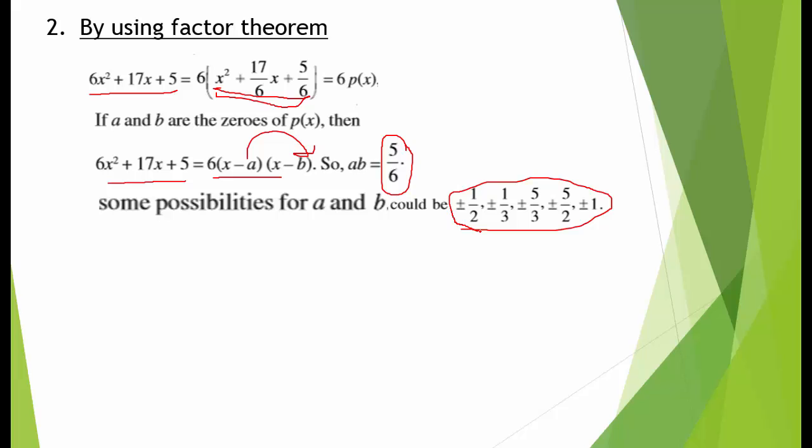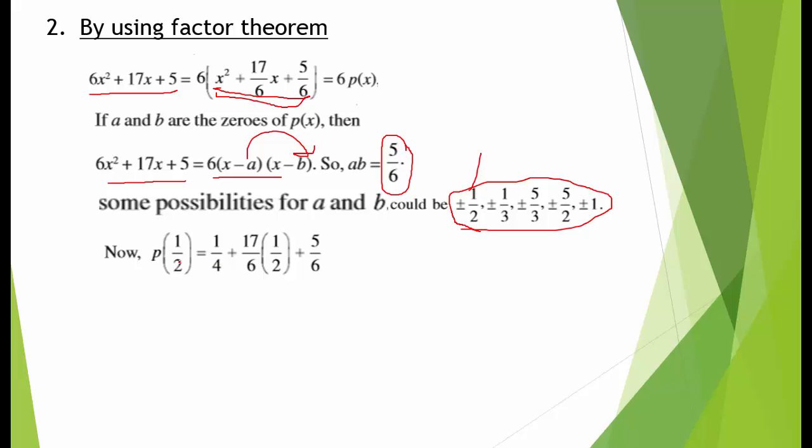Among these possible values, we will find the values of a and b which satisfy the equation, meaning the value at which this polynomial gives the value equal to 0. Let us check 1 by 2. Putting the value, we will get 1 by 4.